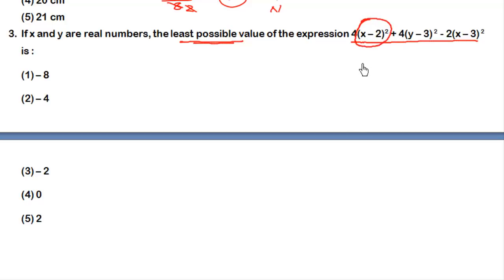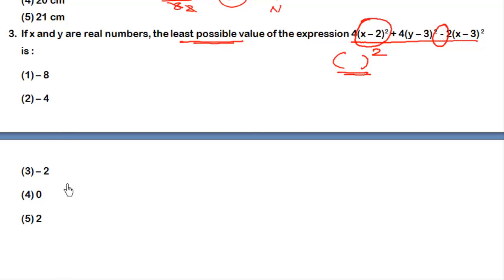Many times we have solved such questions where, if there is an expression which is a square or anything which is even, we believe that the minimum value will be 0, and that is also the logic. But here you can see that there is a negative sign, right? And if I look at the options, apart from 0, there are options which are less than 0.